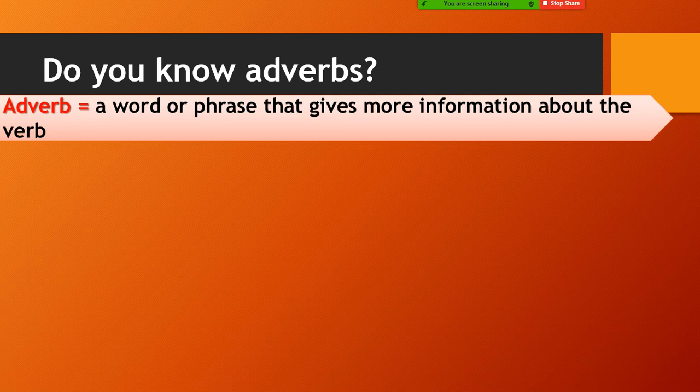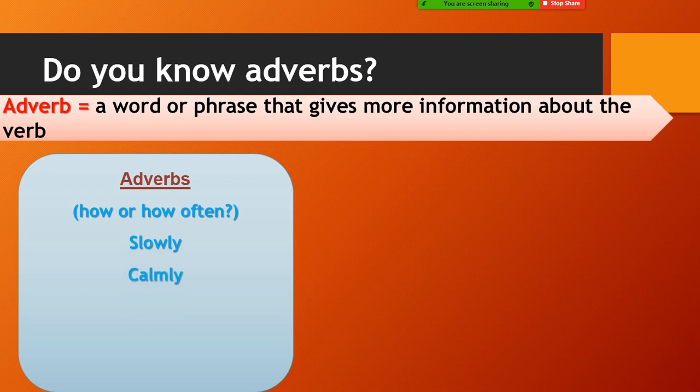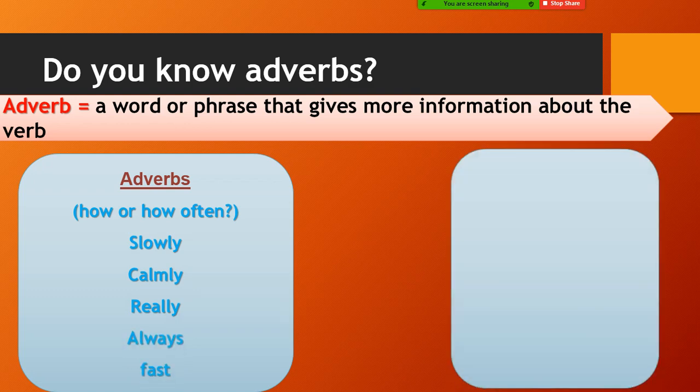Not only the verb, but sometimes it also describes the adjective, and sometimes the adverb can describe itself. Like how or how often, how do you do this action? Slowly, calmly, really, always, fast, as you said.